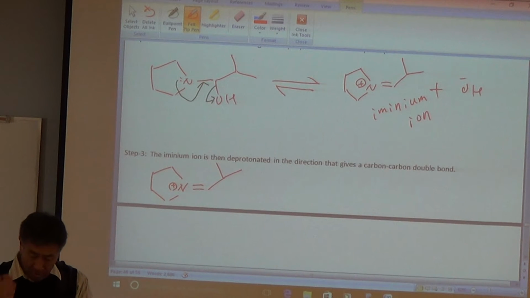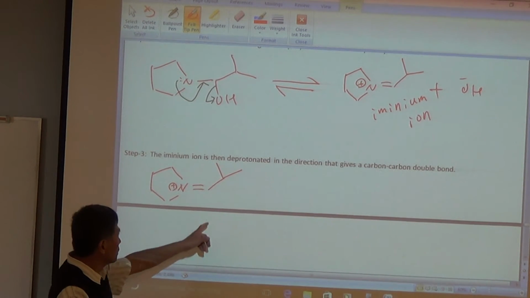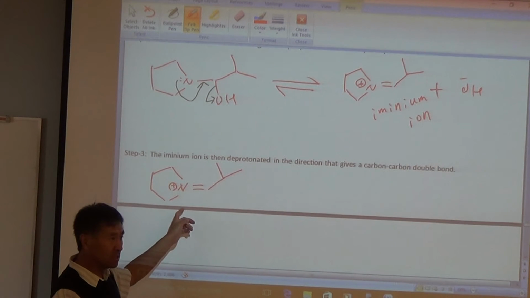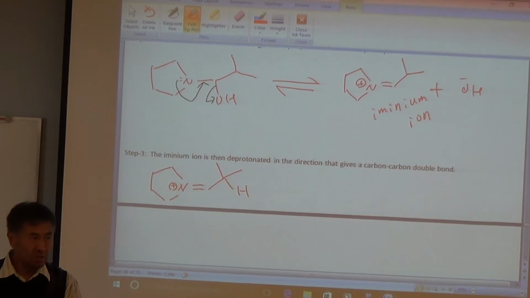Right now, as we see in this iminium ion, we did not draw all those H's here. We need an H to draw now. So I will add in the H because we are going to take this H away.